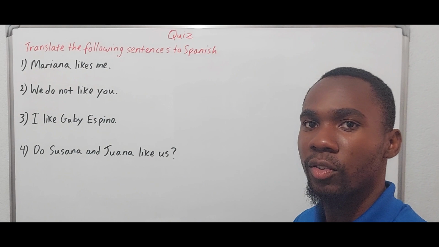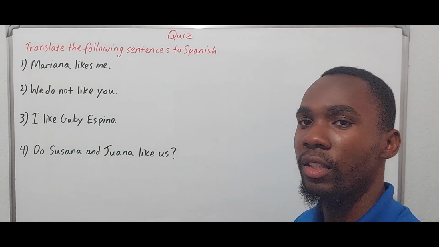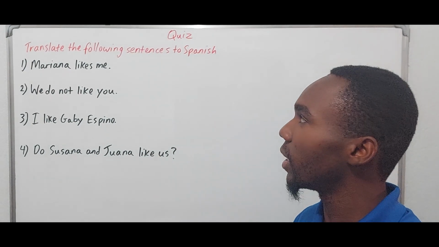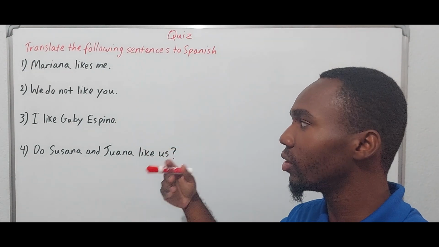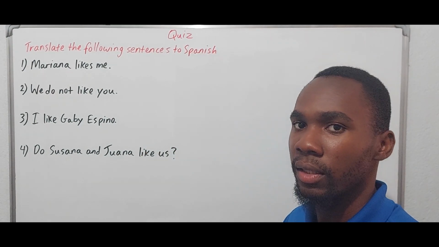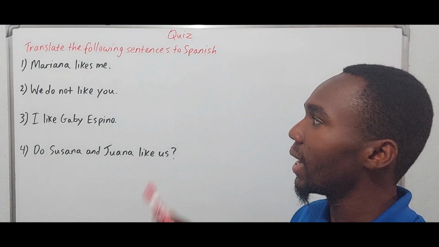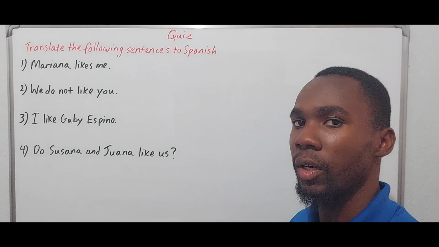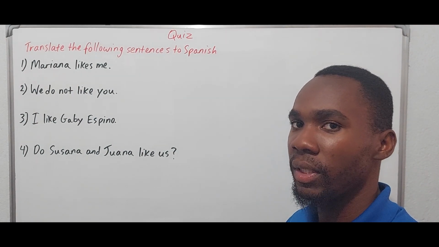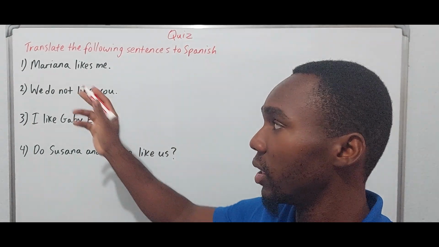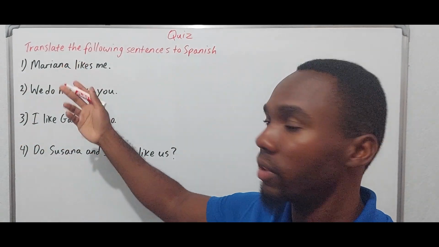Okay, so we move on to the quiz. So let's see if we understand. Translate the following sentences to Spanish. And of course, we're using gustar, right? We're using it in the romantic sense, all right? So Mariana likes me, all right? So how would we translate that? Of course, we need the prepositional phrase because we have someone specific.